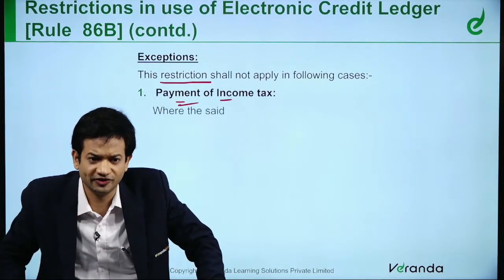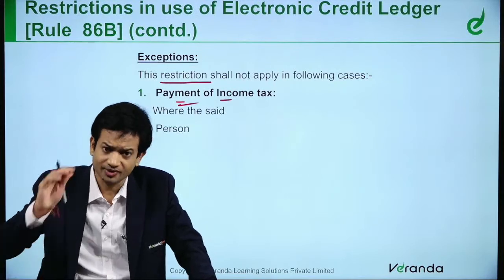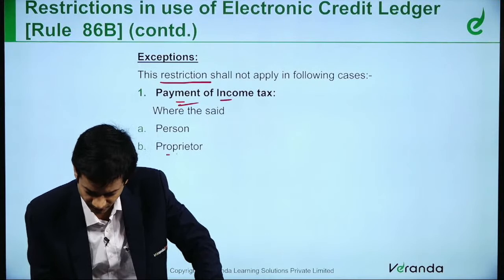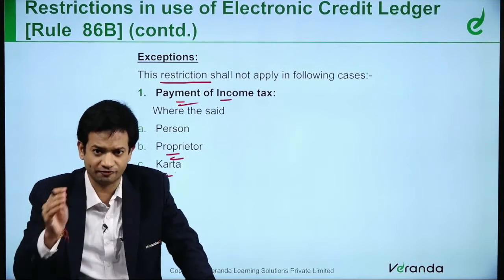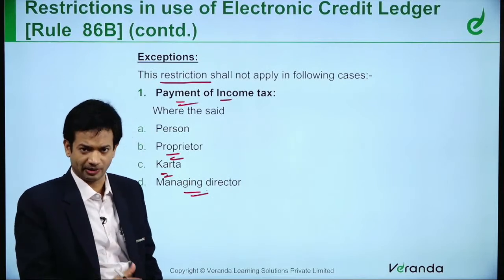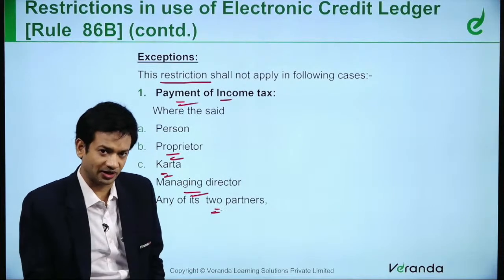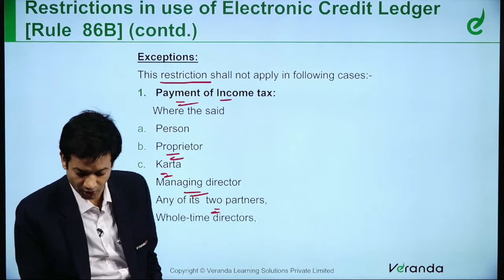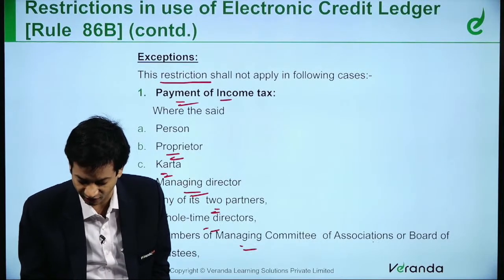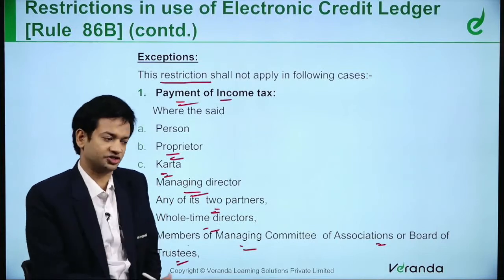Now, payment of income tax: if you see, with the said person, for example, a proprietorship concern, the proprietor; a HUF, the karta; the managing director of the company; any of two partners if it's a partnership; whole time directors of the company; members of the management committee of an association; or if it is a trust, the board of trustees.